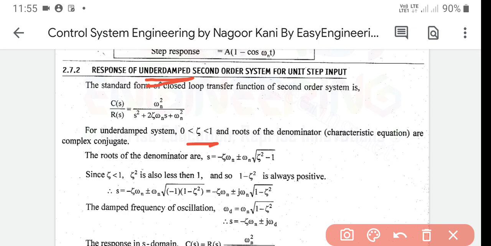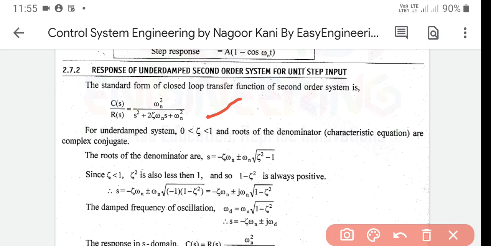And you already know the standard form of the closed loop transfer function of a second order system, that is C of S by R of S is equal to omega n square by S square plus 2 zeta omega n s plus omega n square. This is the standard form of the closed loop transfer function of the second order system.